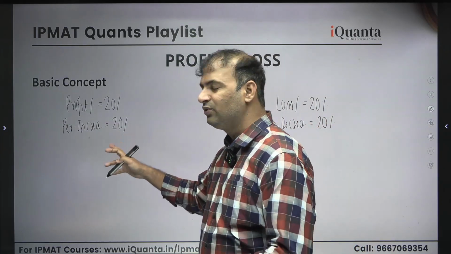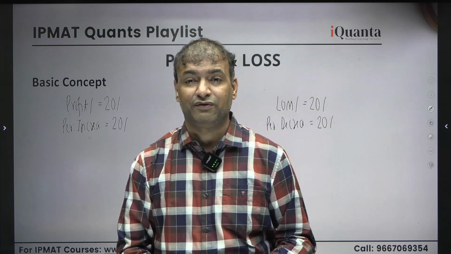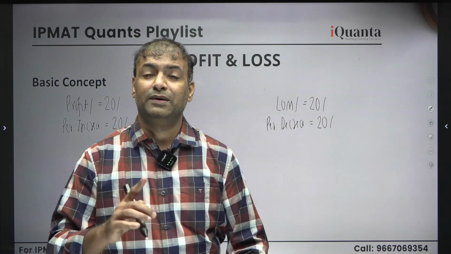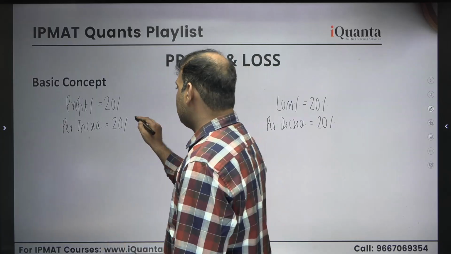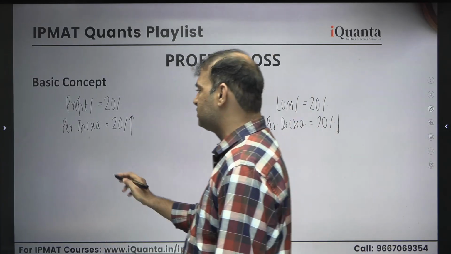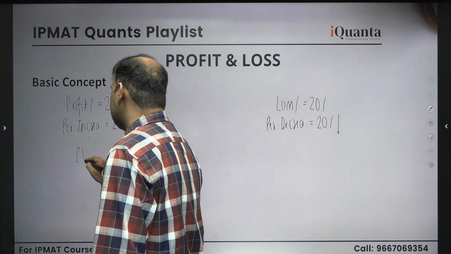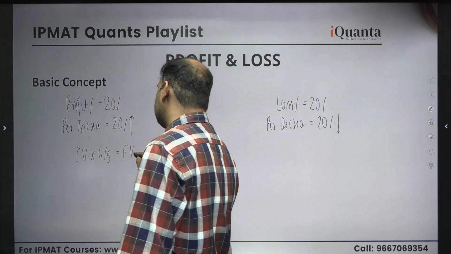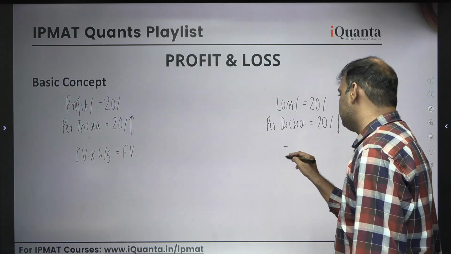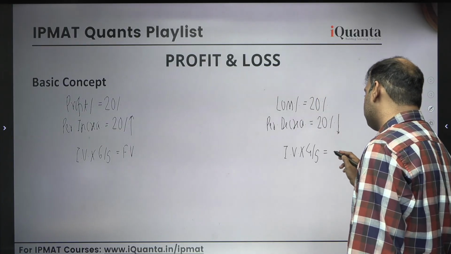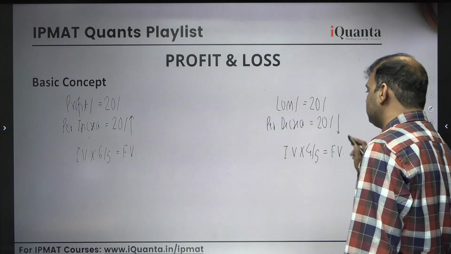In case of increase, it is 1 plus 1/5, and in case of decrease, the multiplication factor is 1 minus 1/5, right? So here the multiplication factor is 6/5, so initial value into 6/5 is equal to the final value. And in this case, initial value into 4/5 is equal to the final value, because the multiplication factor is 4/5, as it is a case of decrement.